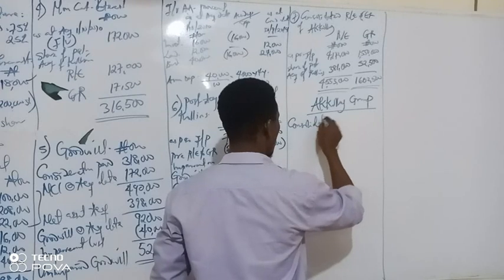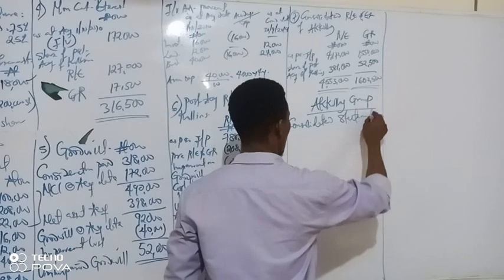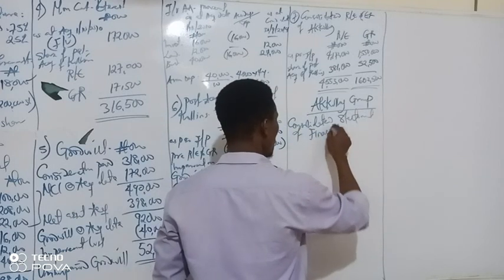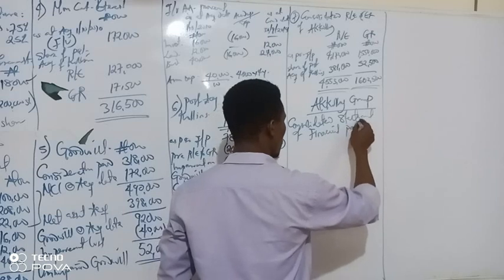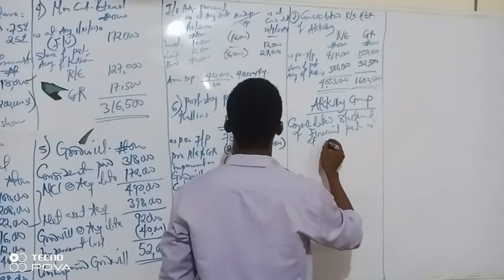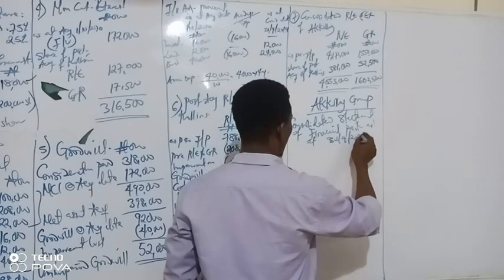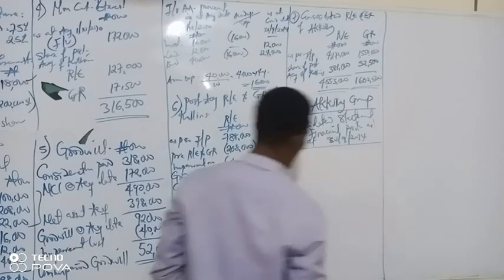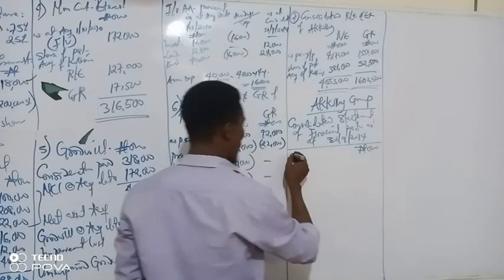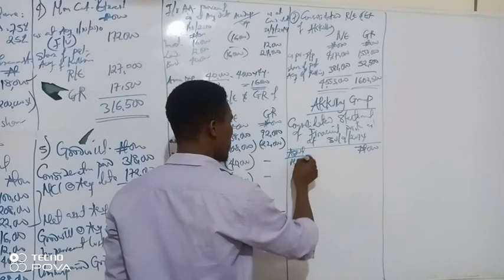Consolidated statement of financial position as at 30/9/2014. So our asset side, we have non-current assets.